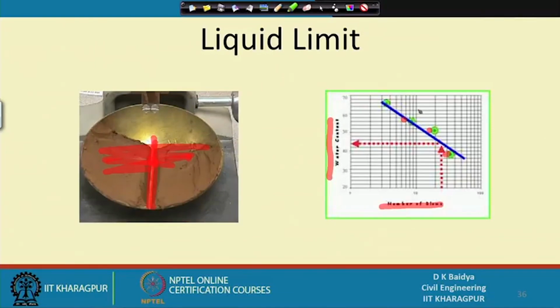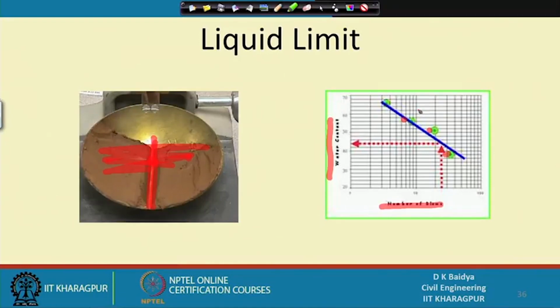You have 4-5 points, and they are not exactly 25. While testing, none of the tests may have exactly 25 blows; it may have 18 blows, 22 blows, 35 blows. The water content corresponding to 25 blows is the liquid limit.